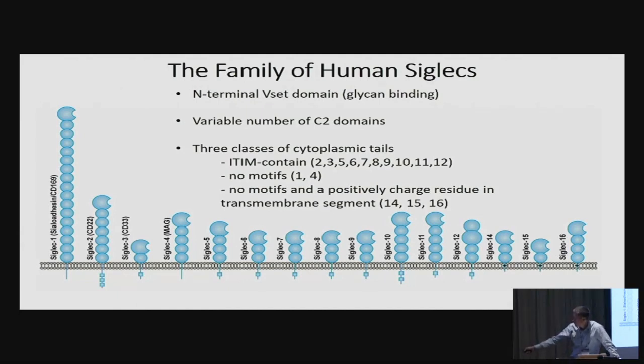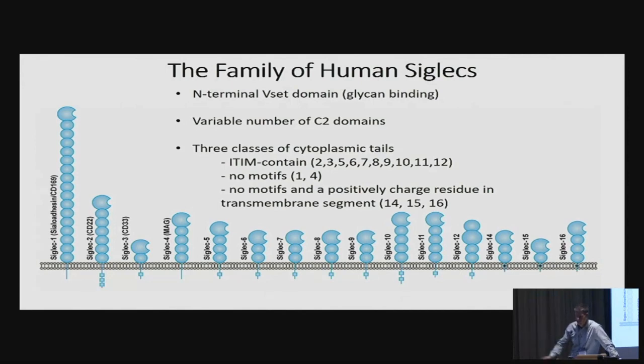And then in terms of the signaling motifs, I sort of classified them into three different types. The siglecs that my lab cares about the most are those that have this little blue box, which is a motif that represses immune cell signaling. We'll get into that more. So that's contained in all these different siglecs.